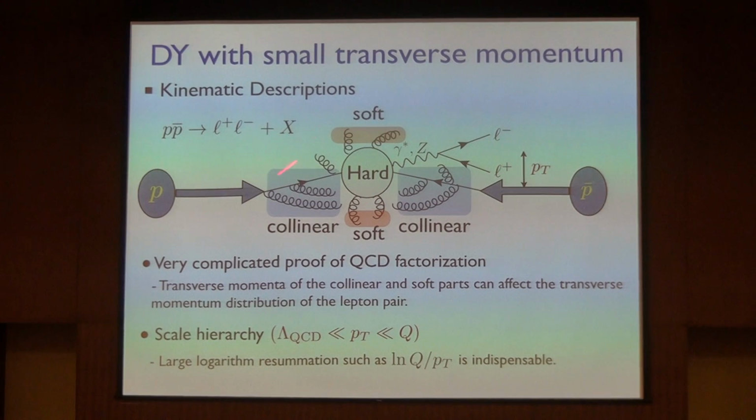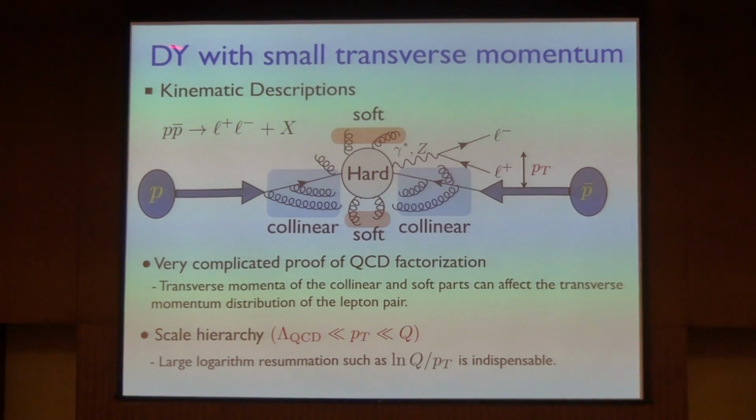Finally, I have considered the Drell-Yan process with small transverse momentum distributions. If we consider the small transverse momentum of the lepton pair, the transverse momentum of the soft part and the collinear part can severely affect this PT distribution of the lepton pair. So if we construct the differential scattering cross section and its factorization, we should take a very complicated process.